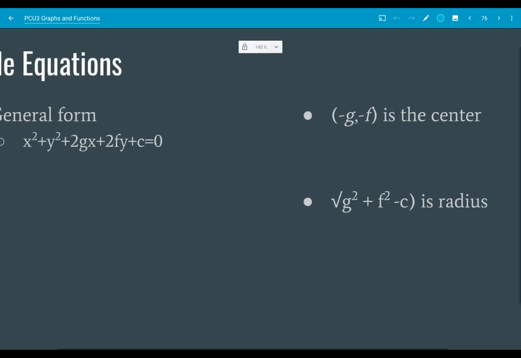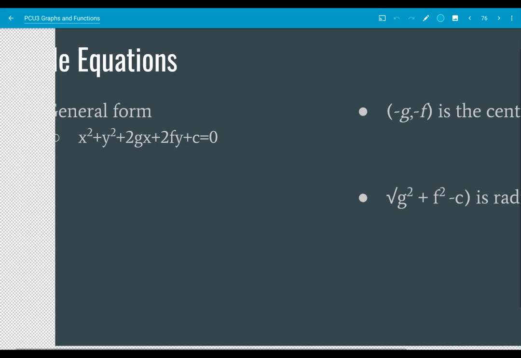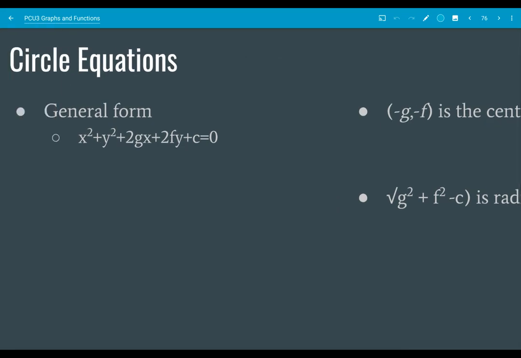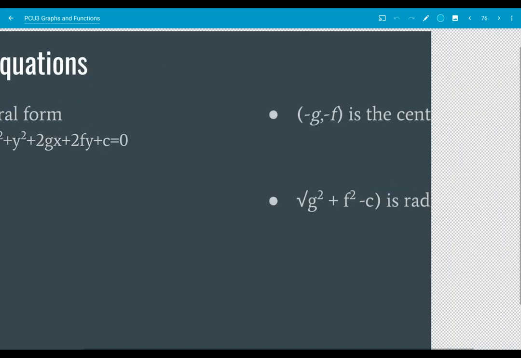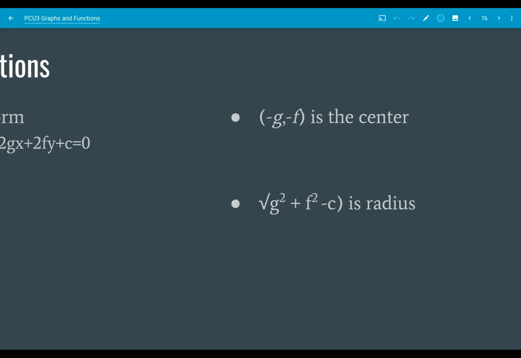Your other form of a circle is what's called general form. I know the standard form, general form, dynamic kind of switches for circles, but they're kind of a unique beast. From general form, you can get center and radius out of these formulas.